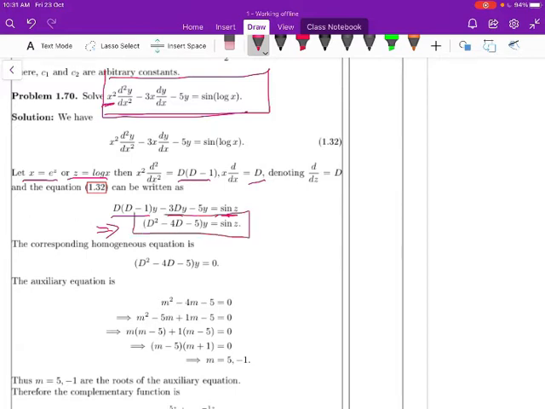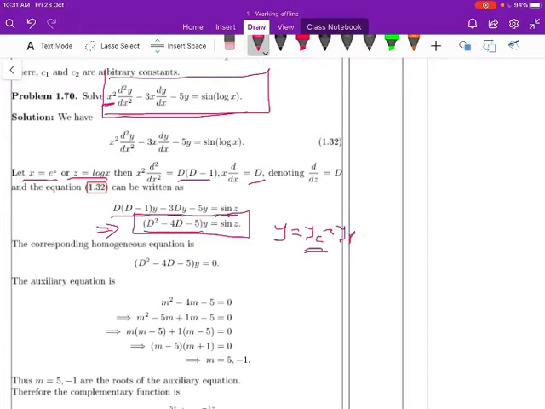So this equation is a second order linear differential equation with constant coefficients. So easily we can solve this problem. The general solution is y is equal to yc plus yp. To find yc, consider the homogeneous equation.